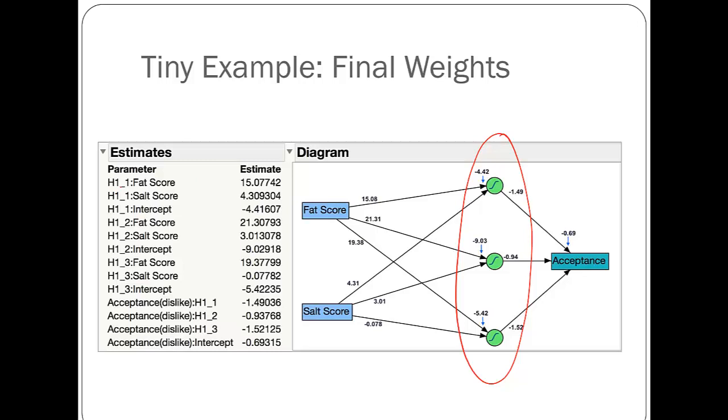So for hidden layer 1, node 1, the fat score is multiplied by 15.08, and the salt is multiplied by 4.31, and then we add negative 4.42, and whatever function is used, the output is negative 1.49.